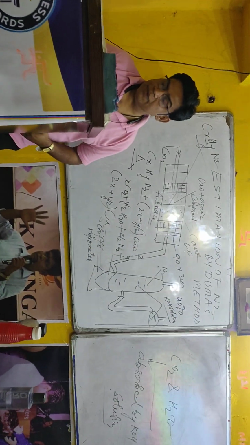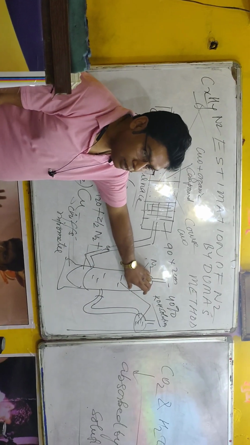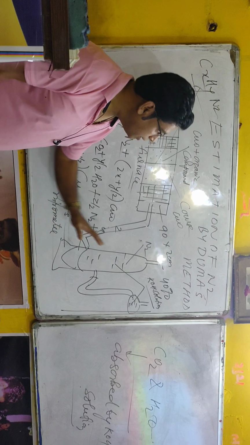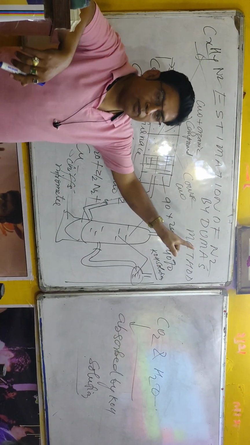Clear? And then after, as you can see, pure nitrogen is obtained at the upper part. So this is what you rightly commonly call as Duma's method, that is estimation of nitrogen.